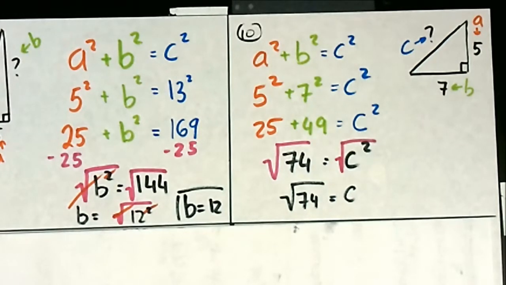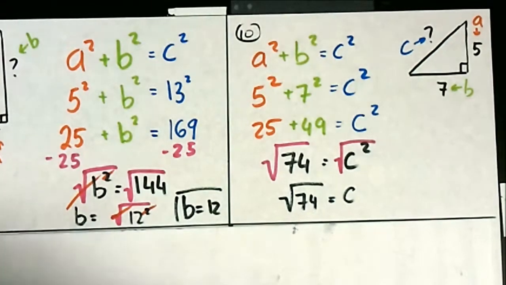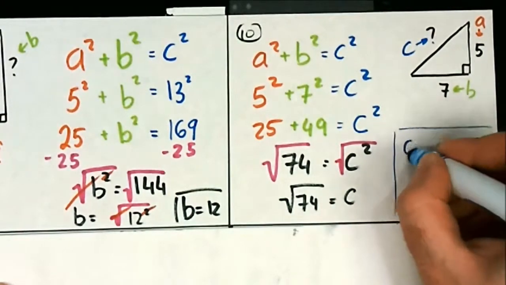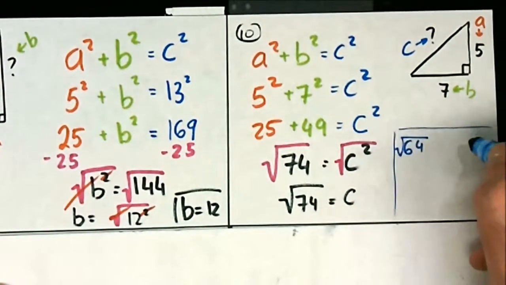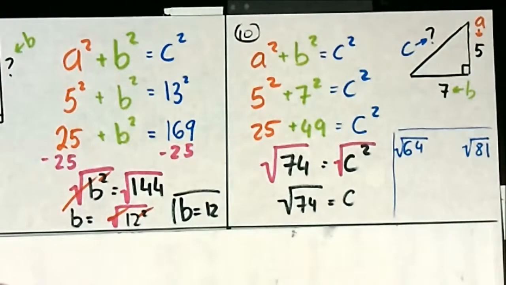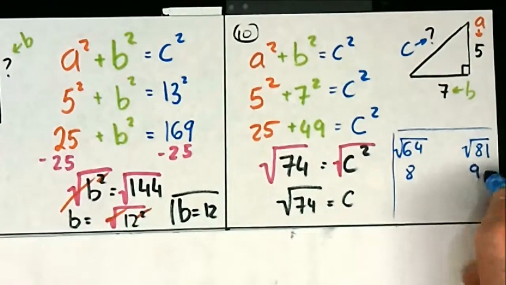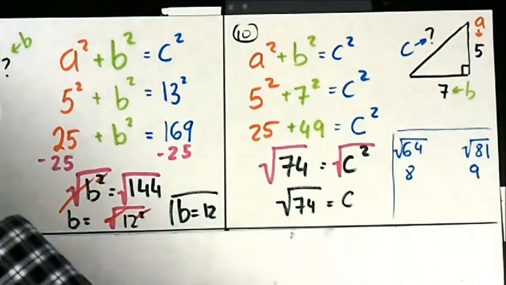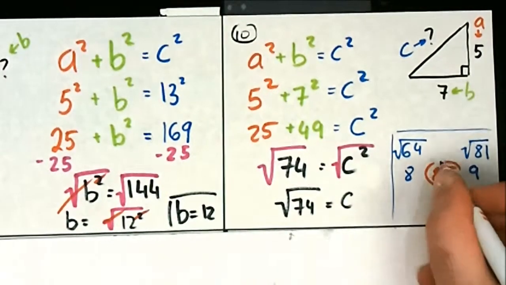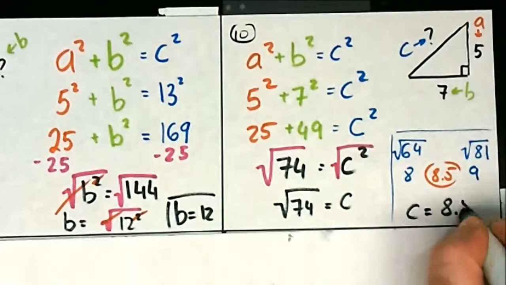So what are the two perfect squares that 74 falls between? 64 is the one that's right below, and 81 is the one that's right above. What are the answers to those two? 8 and 9. So what's in between 8 and 9? 8.5, and that's my answer. C is 8.5.